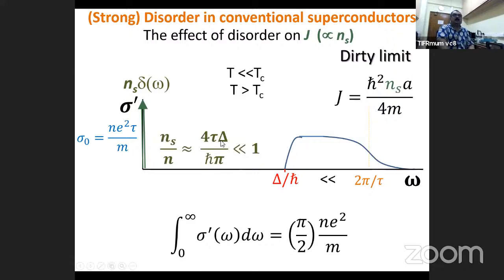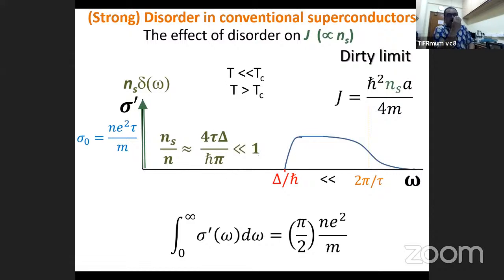And this for a dirty superconductor is much less than 1. If I start making these larger and larger, I am distributing all the electrons over a larger frequency range. The spectral weight is distributed over larger frequency range, and the amplitude of the normal state comes down, which means that Ns by N becomes progressively smaller.